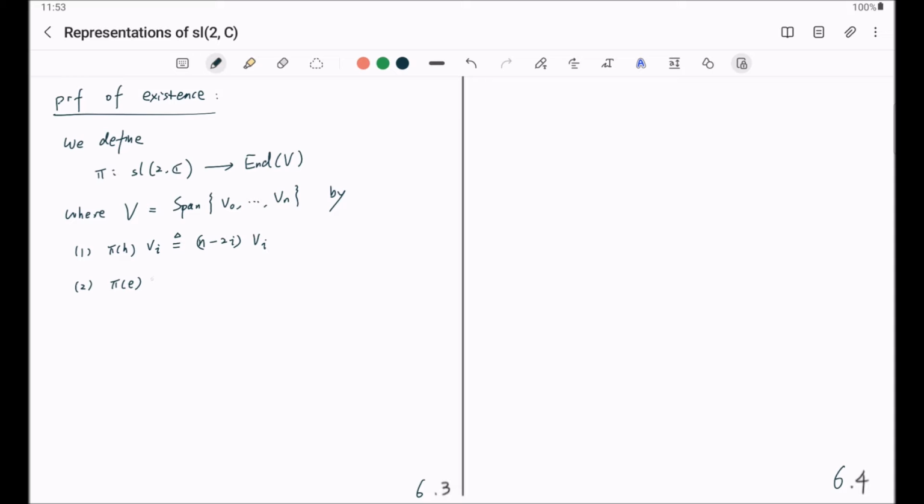and pi of e applied to vi times n minus i plus 1 applied to vi minus 1, and pi of f applied to vi plus 1. Of course, we have the conventions that v negative 1 is 0, and vn plus 1 is 0.